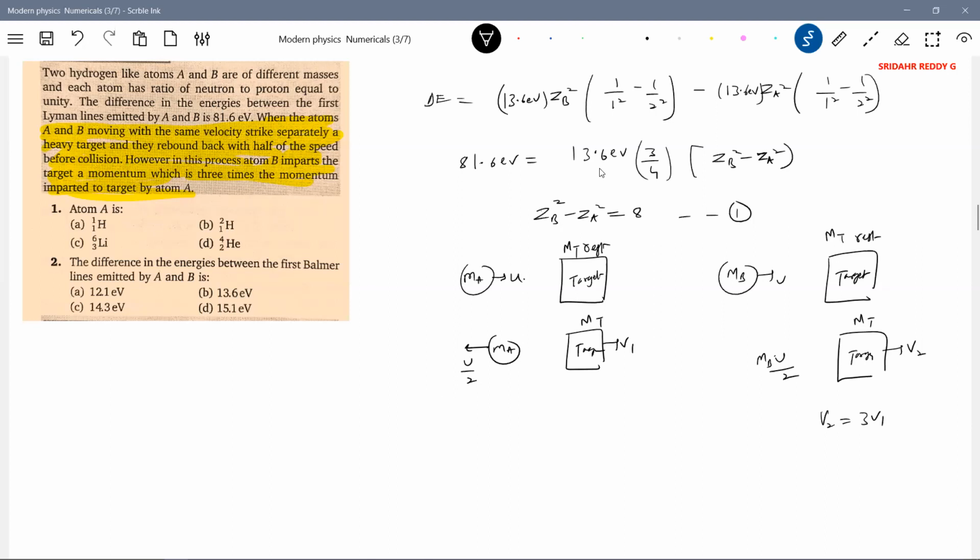Okay, let me write the conservation of momentum equation. So MAU should be equal to MTV1 minus MAU by 2. So this will become 3 MAU by 2 equal to MTV1. Then similarly, MBU equal to MTV2 minus MBU by 2, so this also gives 3 by 2 MBU is equal to MTV2.